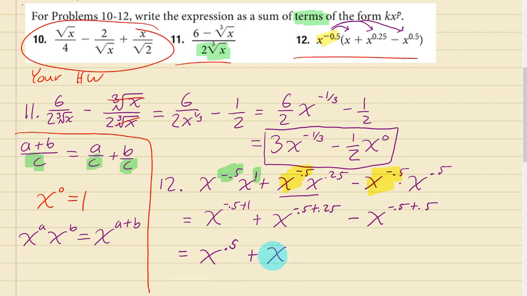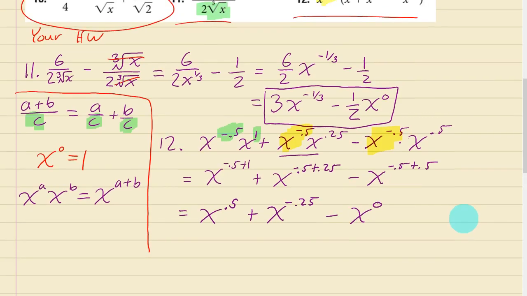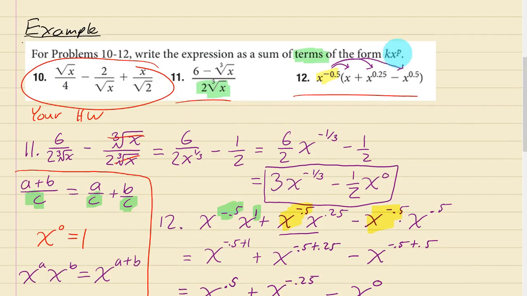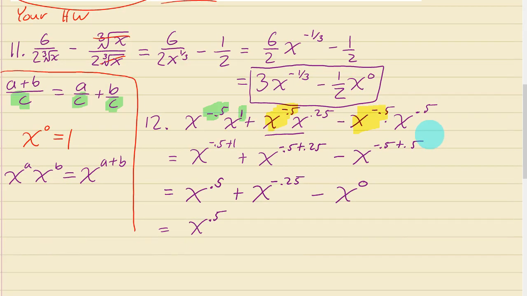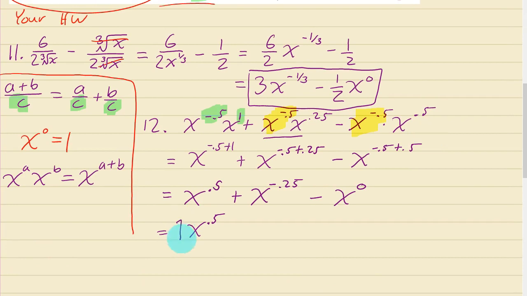Negative 0.5 plus 0.25 is negative 0.25. And here, negative 0.5 plus 0.5 is 0. So I'm going to write this as just x to the 0.5. And if you want to write it in that form, just so you can be clear what the k and the p are, the k is the number 1, and the p is 0.5.